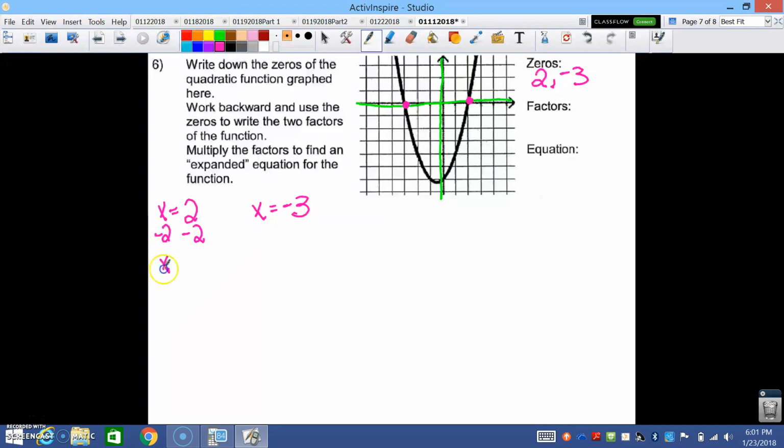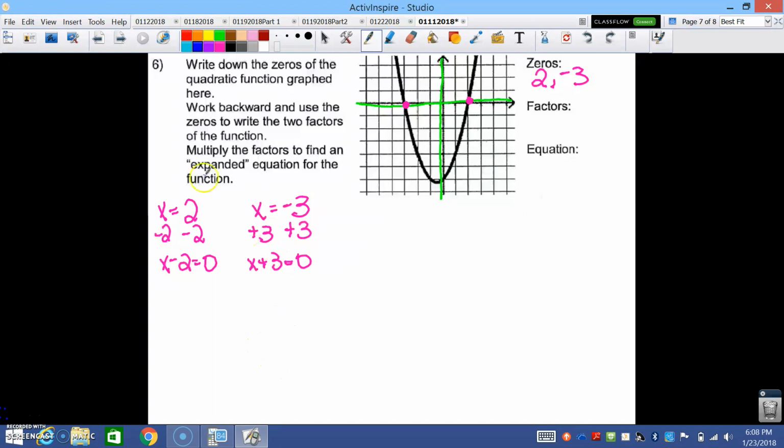And I get x minus 2 equals 0. On this one, since it's negative 3, the opposite of negative 3 is positive 3, so I can add 3 to both sides, and I end up with x plus 3 equals 0.